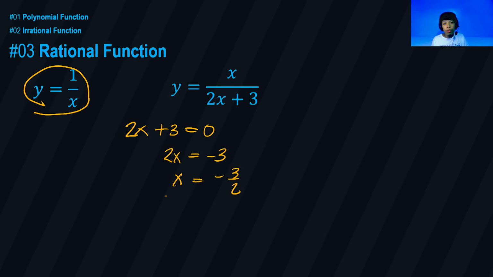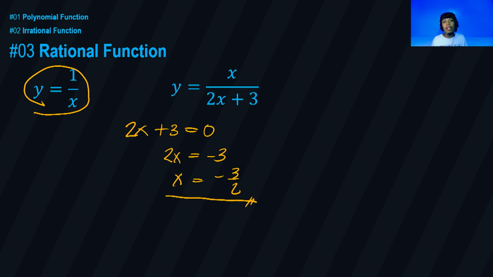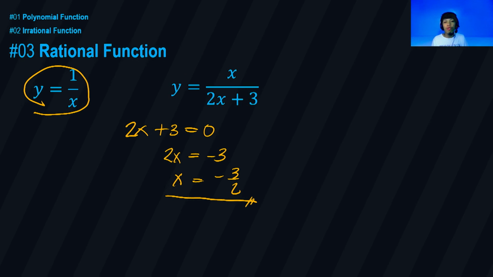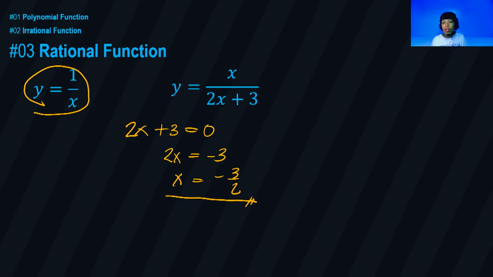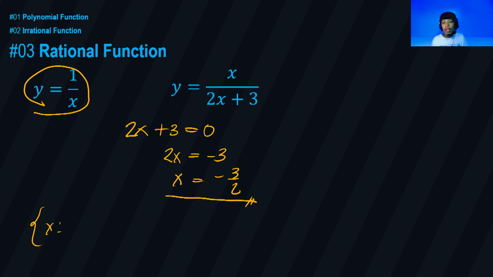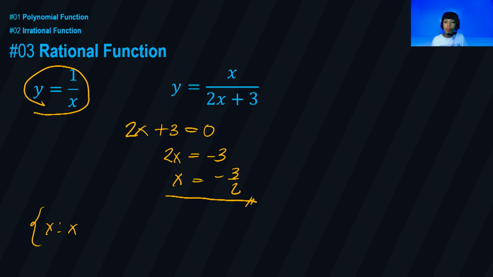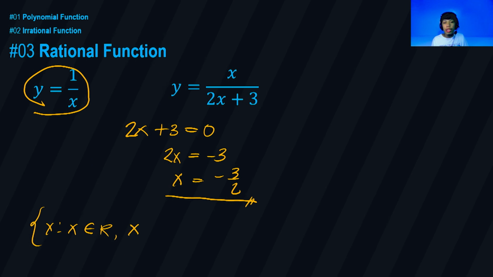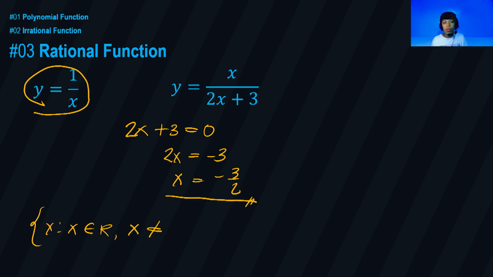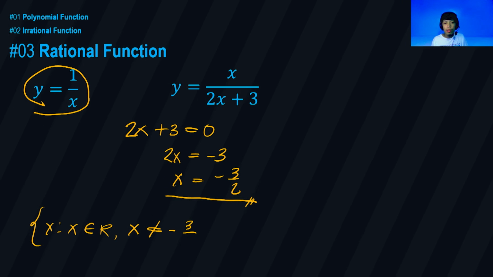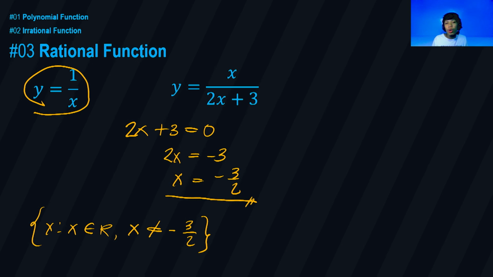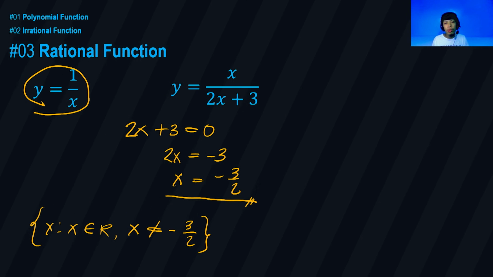Okay, this value of x is the only real number which is not a permissible value of x. So your domain will be x such that x is a real number but it should not be equal to negative 3 halves. That's your domain. Now, how do you define the value of the range or the asymptote again?